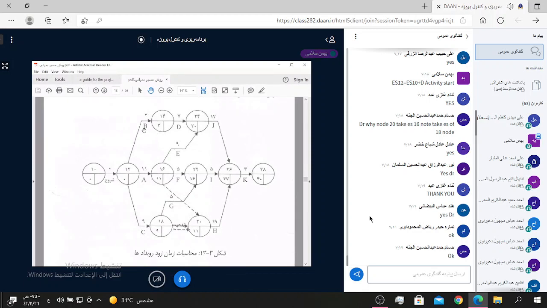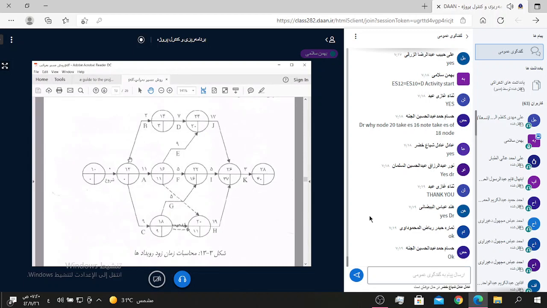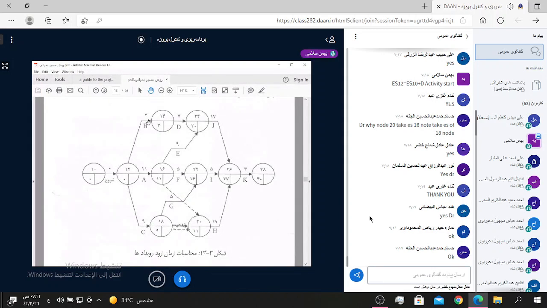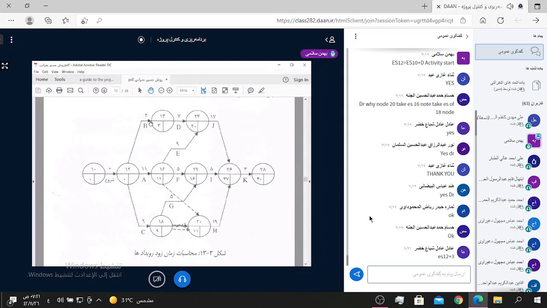For this one, we use ES for node 12 and use duration of activity B and then find the ES for node 14. Means 0 plus 3, the duration of activity B, equal 3.